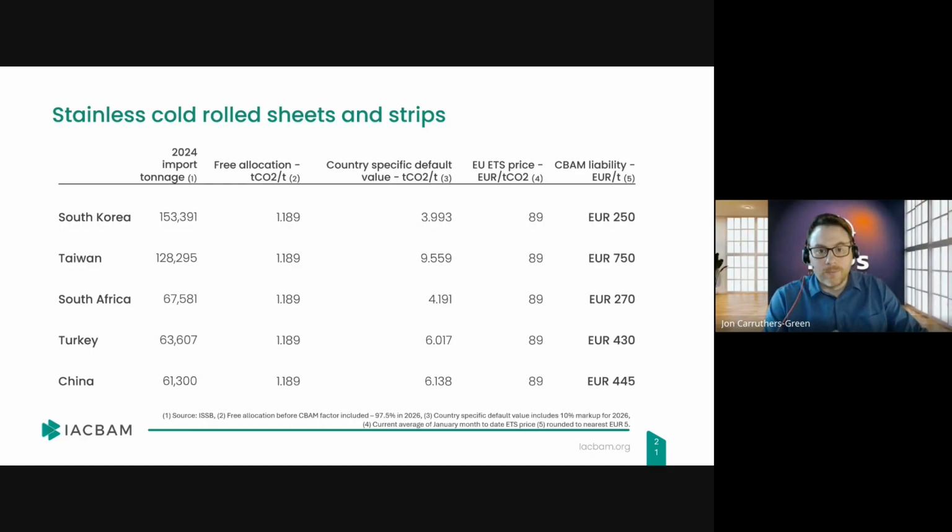That's Taiwan. Their country-specific default value, as assessed in the December release, was 9.55 tons of CO2 per ton of steel, which is an astronomical number. This is higher than figures we've seen in China, in Indonesia.